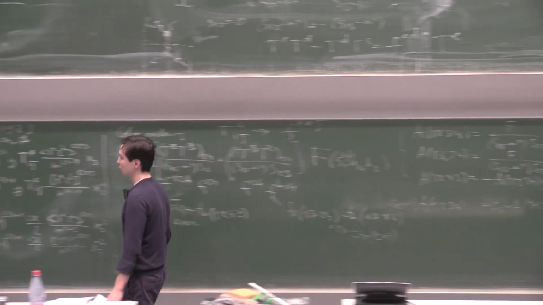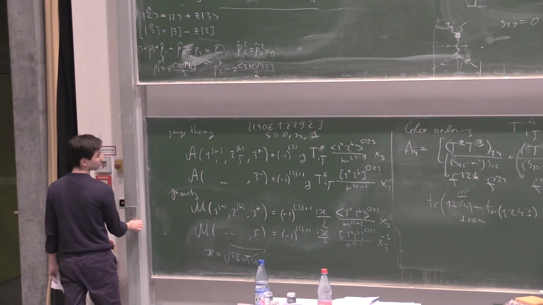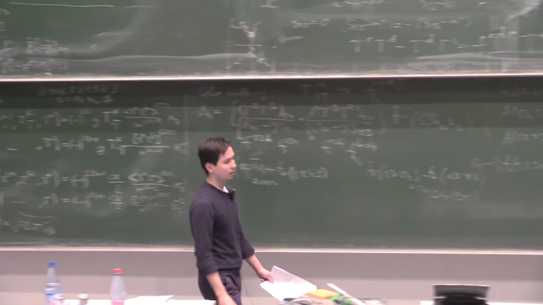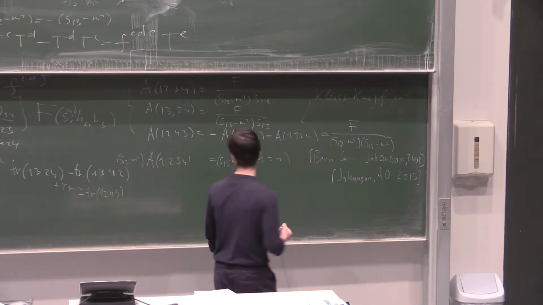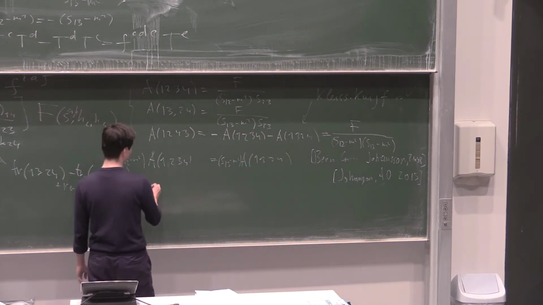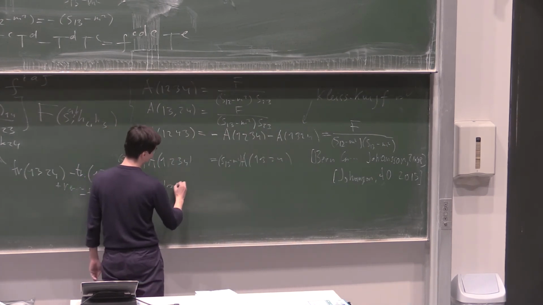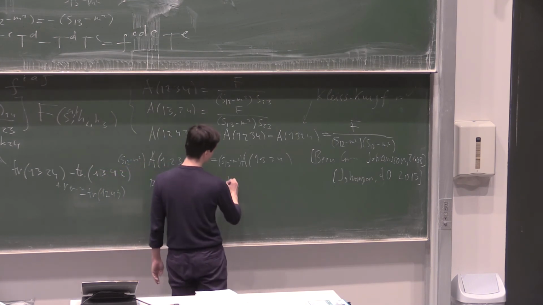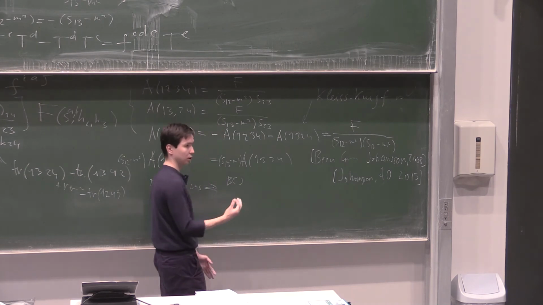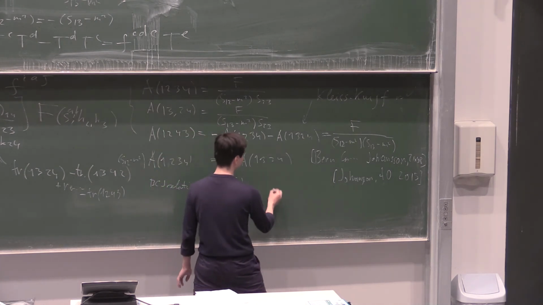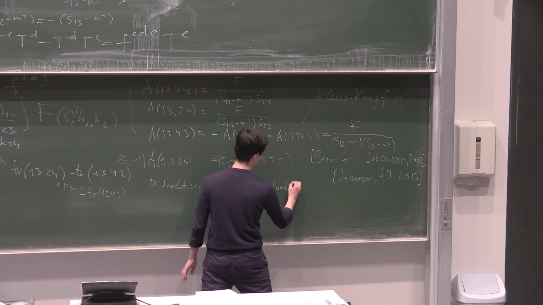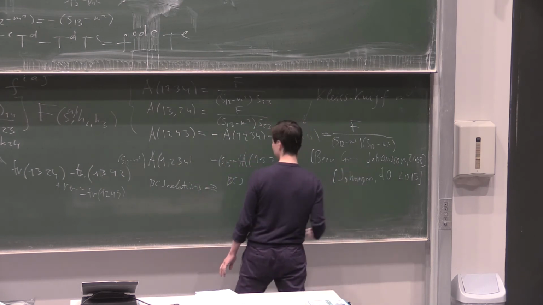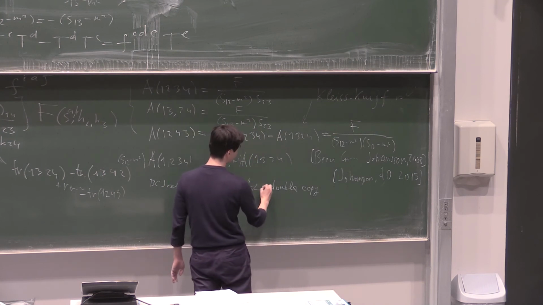And coming back to Lance's question, in the massive setting, there's a general statement at tree level that whenever you have BCJ relations, you get a consistent way to construct gravitational amplitudes through the double copy. And at tree level, the BCJ double copy is equivalent to the KLT double copy.